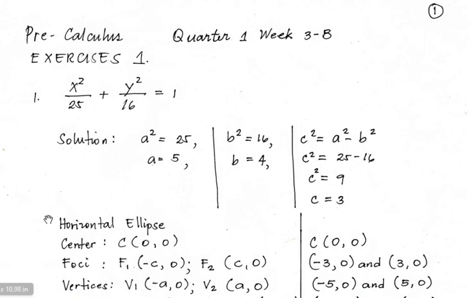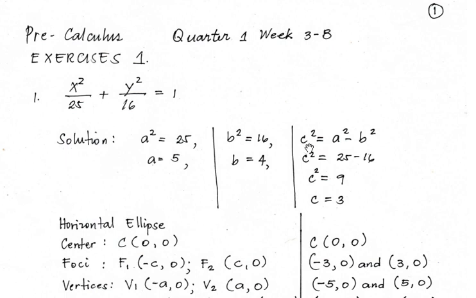Solution. We identify here 25 and 16. Since 25 is bigger than 16, this is A squared. So A squared equals 25, A becomes 5. Then this is B squared. B squared is 16, B is 4.